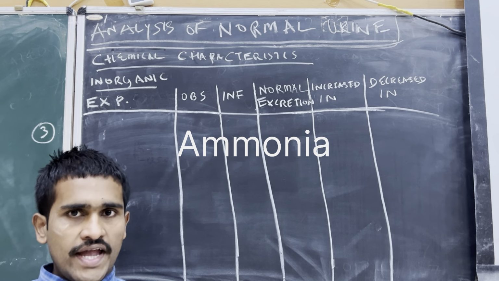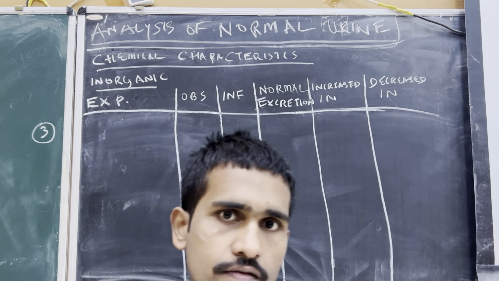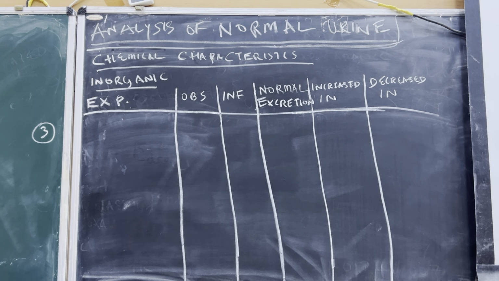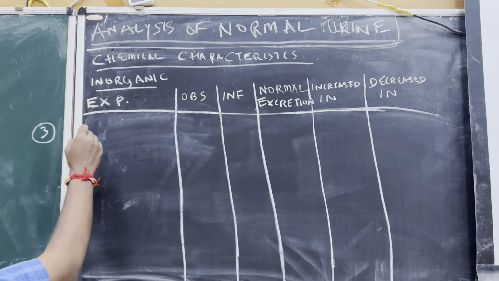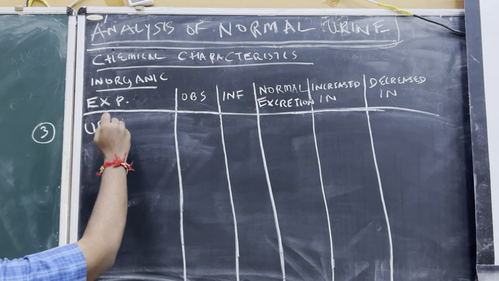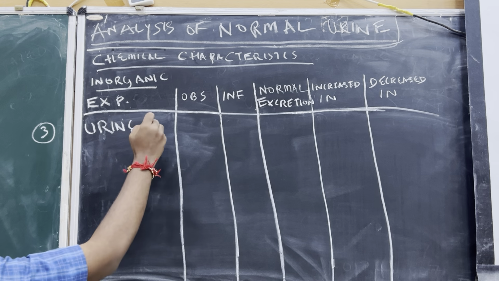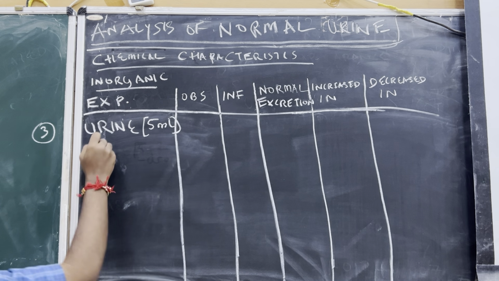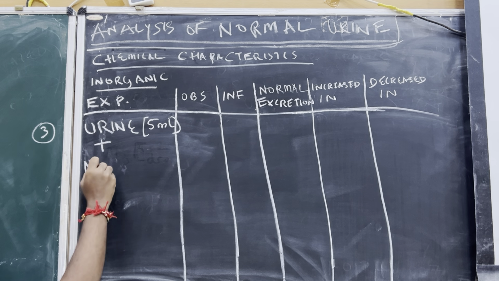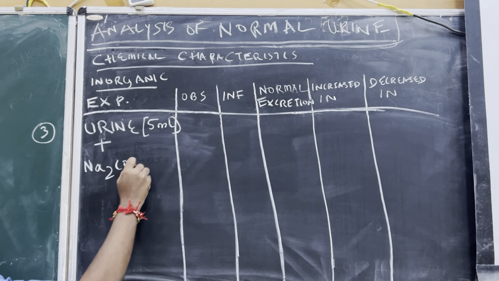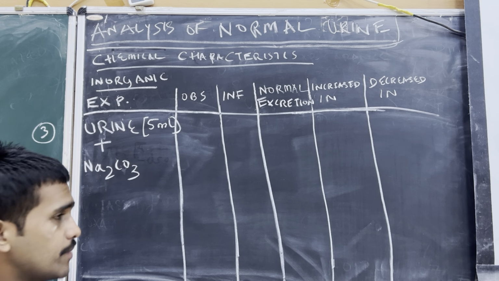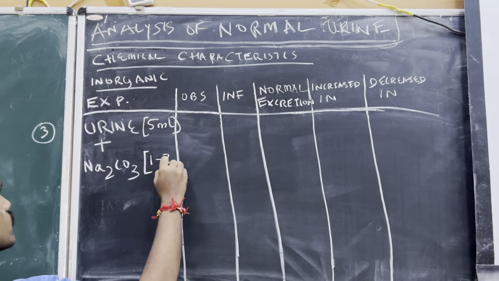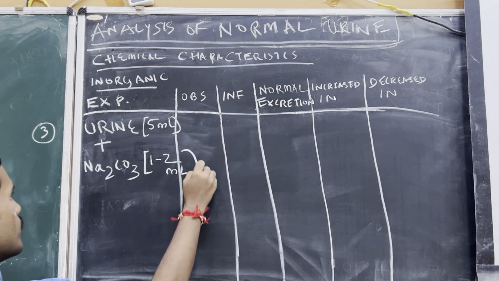Now talking of inorganic constituent number 3, which is ammonia. We start with the experimental procedure. So we take urine, 5 ml. To that we add 2% sodium carbonate. We take 1 to 2 ml.